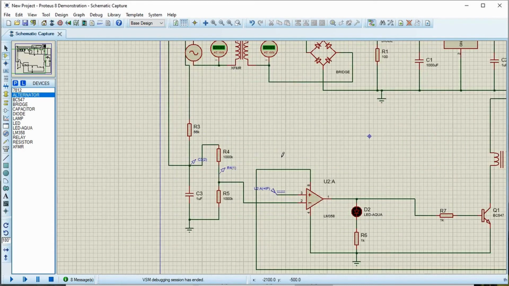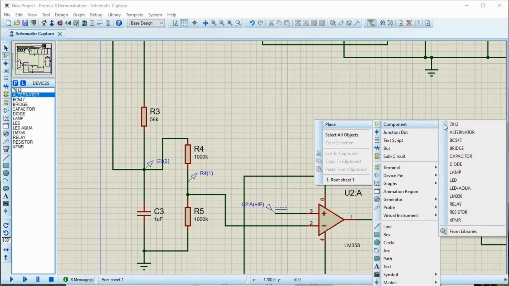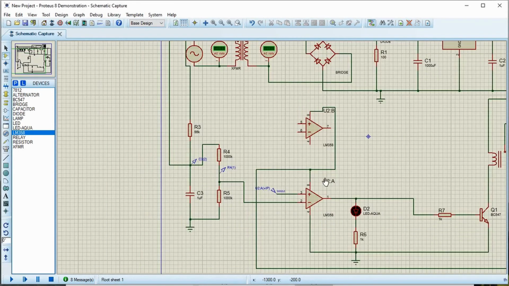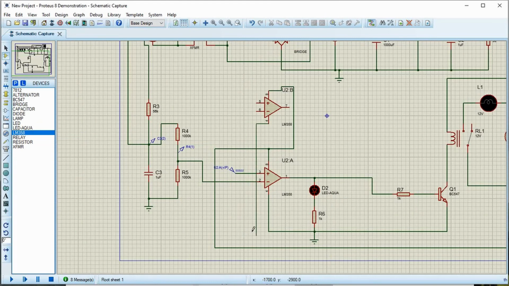So now let's build a low voltage cutoff. Component: LM358. Again, power supply to this. This should actually work even without the power supply, because these two are in the same package. Yeah, I'll connect it.